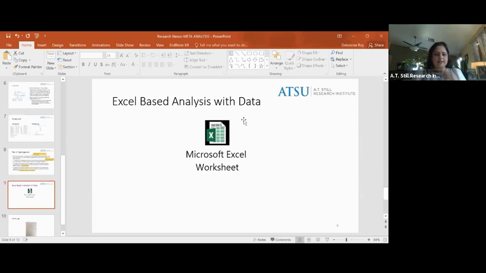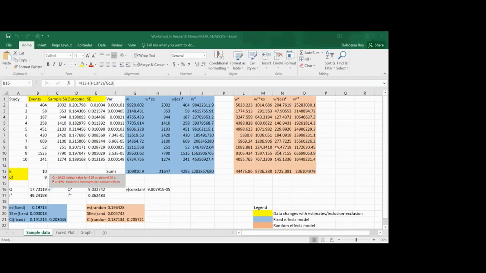So here is the promised Excel spreadsheet, and here is the actual data sheet. This is sample data that I got from a publication, and I will share the name of the publication with you if you want it. So this is a sample. Here, instead of study numbers, you need to put in your author and year information.